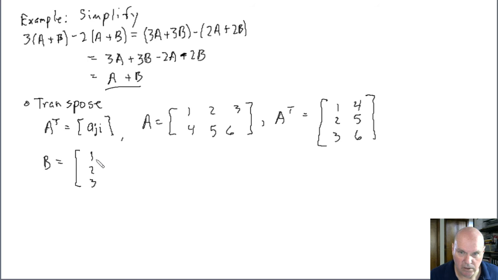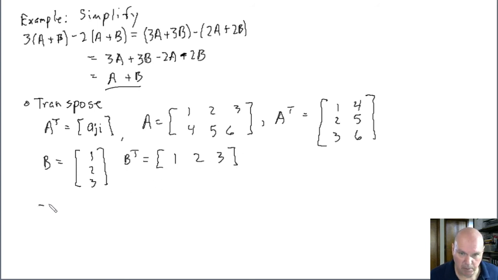I'm treating this as a 3x1 matrix right now, but we'll see that we can represent either a 3x1 matrix or a 1x3 matrix or a 1xn matrix as a vector. The transpose of a column vector is a row vector, 1, 2, 3.